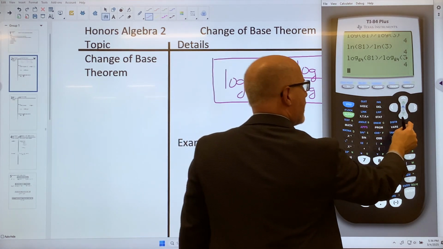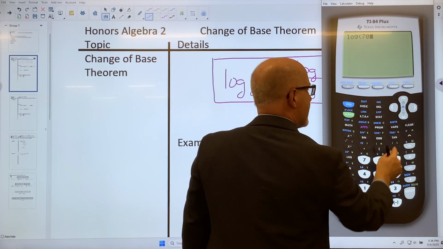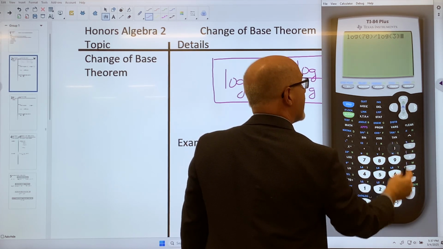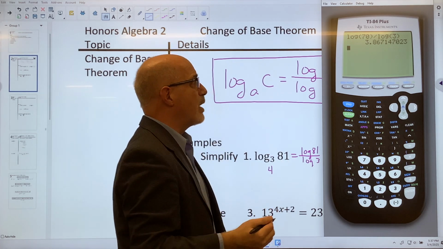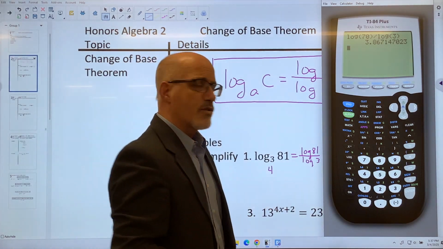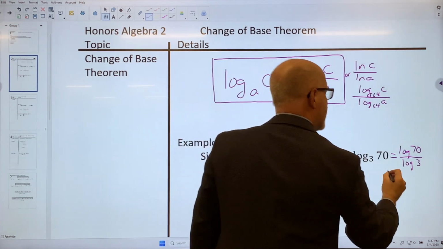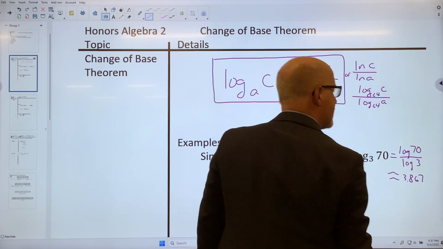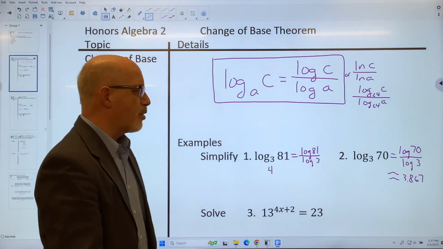We'll clear these off. I'm going to do log of 70 in parentheses, divided by log of 3. And I get an answer of approximately 3.867, to 3 decimal places. Again, I'm having to round, but oftentimes you could include more of the decimal if you'd like to get more precision.